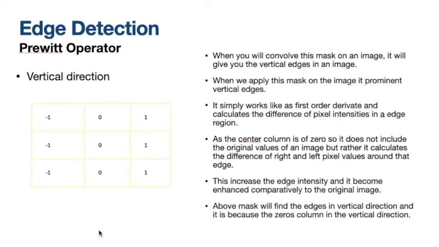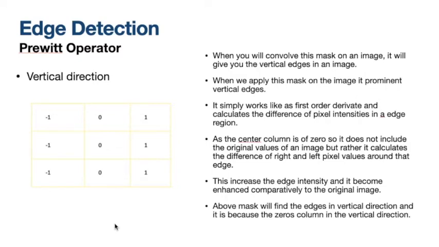Okay, so that's how it detects the vertical edges, and this increases the edge intensity, and it becomes enhanced comparatively to the original image. And the above mask will find the edges in the vertical direction, because the zeros column is in the vertical direction. So that's why it finds the vertical edges.